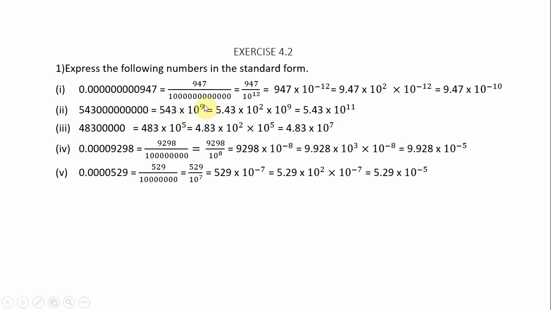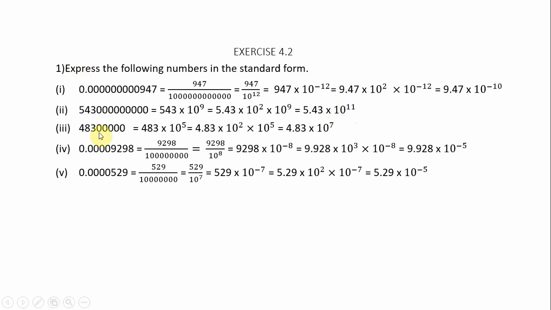So I have written 10 to the power of 9 directly, and here as usual put the decimal behind one digit, since you want only one digit before the decimal. So 5.43, into how many digits are there? As usual 2. So 10 to the power of 2. 2 and 9 together is equal to 10 to the power of 11. 5.43 into 10 to the power of 11.